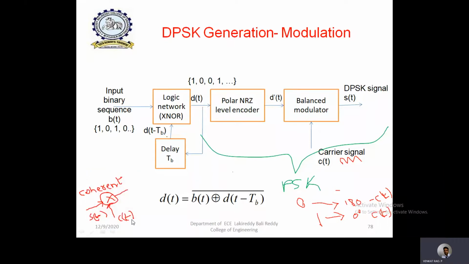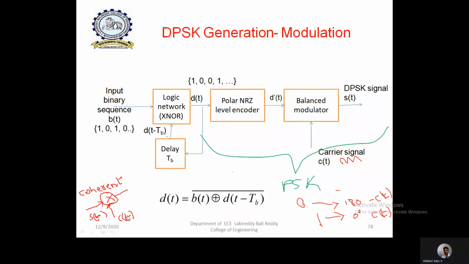This carrier and this carrier must be the same with respect to frequency and with respect to phase. But if there is any phase deviation between this carrier and the carrier used in the demodulation, then definitely there are some changes in the demodulation, and there will also be errors in the demodulation of PSK if you don't maintain the same coherent carrier.